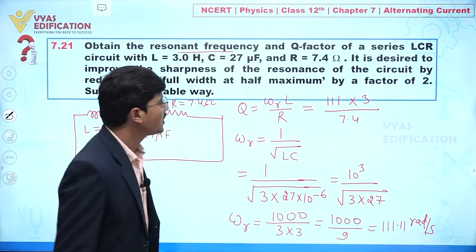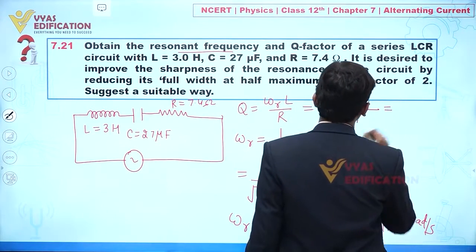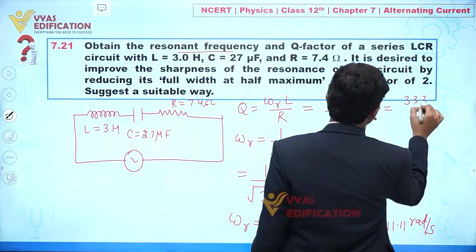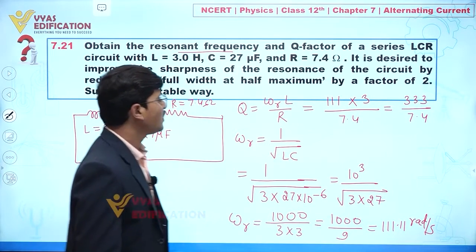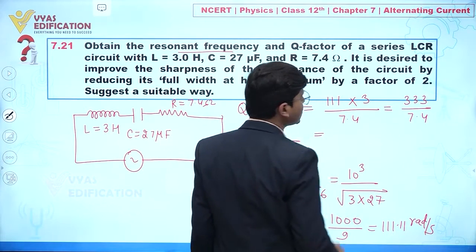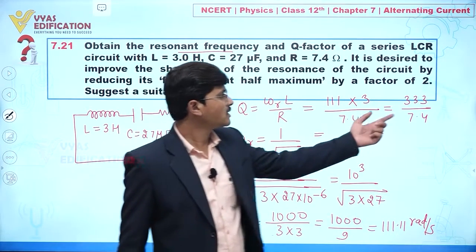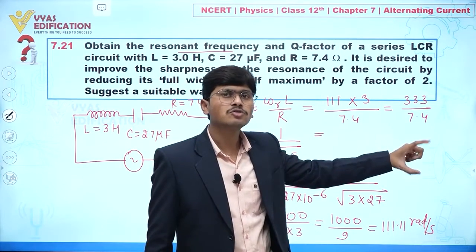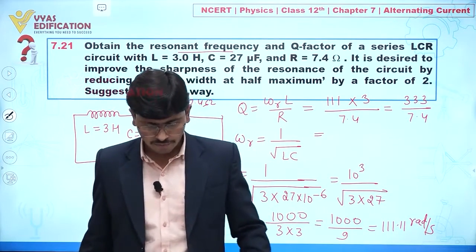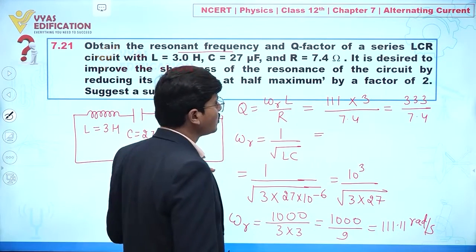Clear? So from here we can write this as 333 divided by 7.4. If you divide it, you can see 7 multiply 5 is 35, 7 multiply 4 is 28, so near about 28.5 you will get, yes or no?